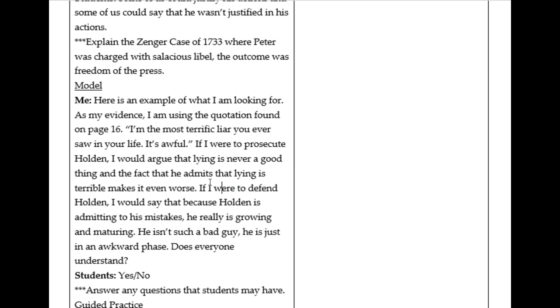Now, how would I use this quote to prove that Holden is guilty, right? Well, because it talks about how he admits that he's a liar, and not just a liar, but a terrific liar. How would I do that, guys? Let me share the thoughts in my head with you, because I'm going to think that lying is kind of bad.